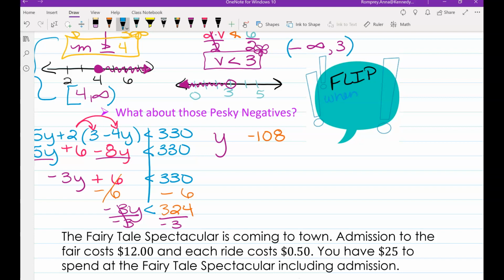When multiplying or dividing by a negative, we must flip the sign. So whenever I remember to flip the sign, I always circle it or highlight something like, yes, you did that, you solved it correctly.